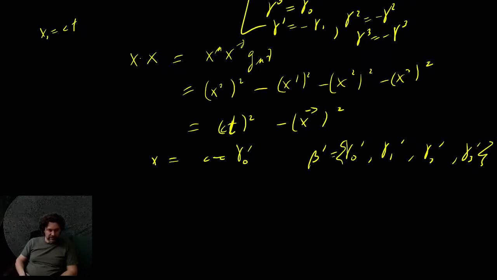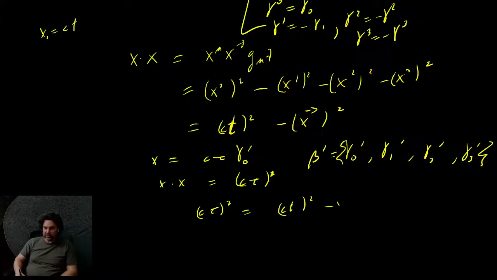And so now, if we take x dot x, it is just going to be c tau squared. So there's some frame where our vector length, c tau squared, is ct squared minus x squared in our opposite frame.